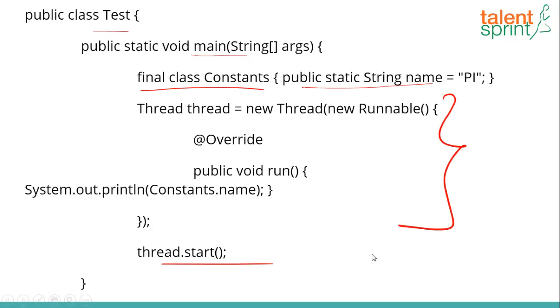We have created a thread, overriding the run method, starting the thread. Now in the run method, what is happening? We are simply saying constants.name. Constant is the class name, dot name is the static variable, correct? So ideally, since we are saying class name dot variable name, it should print pi, which most of you are giving me the answer as, correct?